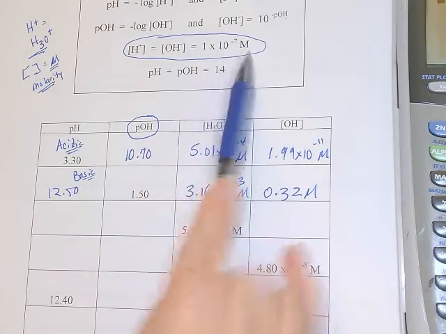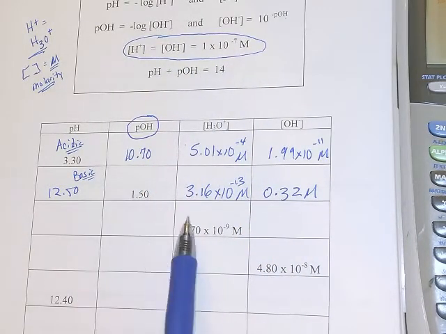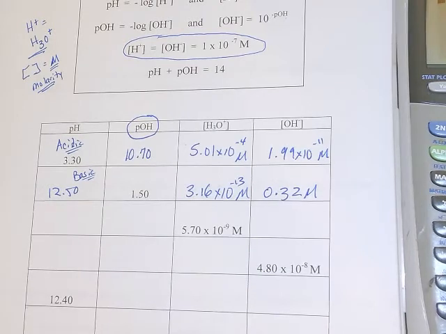Your concentrations would be 1 times 10 to the negative 7, and this is to the negative 9. So think to yourself, is that smaller than negative 7, larger? Do I have more hydronium ion? Pause the video and take a few minutes to calculate everything, and then I will go over it with you.